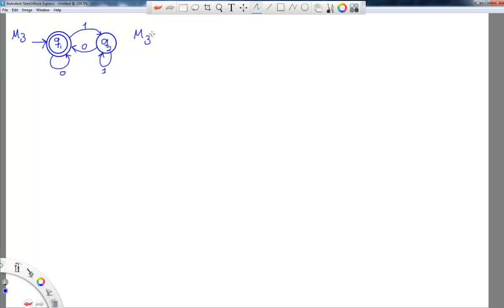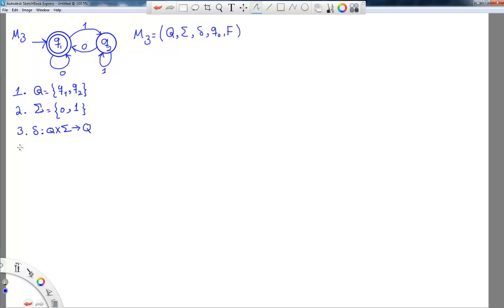Formally, we'll define M sub 3 as a 5-tuple (Q, Sigma, Delta, Q sub 0, F), where 1, Q is a finite set of states, which is going to be Q sub 1, Q sub 2. 2, Sigma is a finite set of alphabet symbols, which is going to be 0 and 1. 3, Delta is going to be a transition function from Q cross Sigma onto Q, and we'll get back to defining delta a little bit later. 4, Q sub 0, our start state, is going to be Q sub 1.